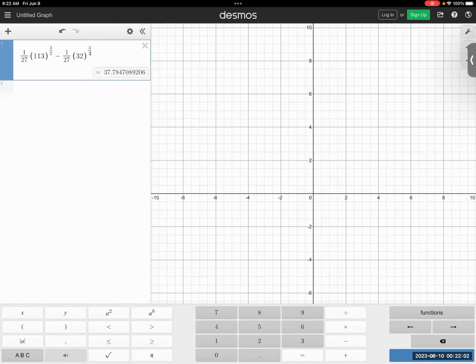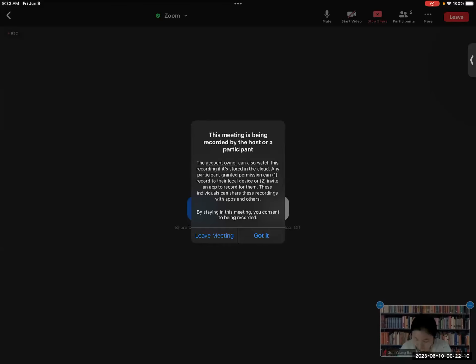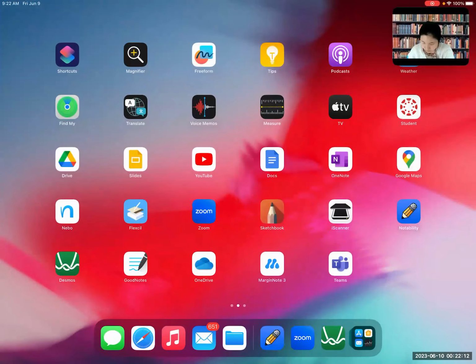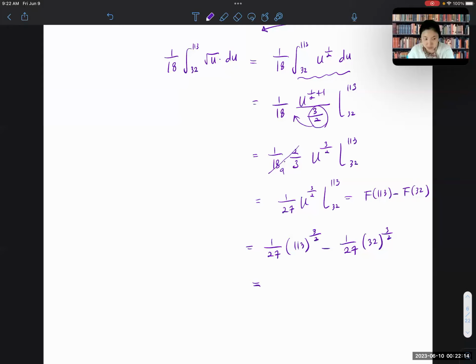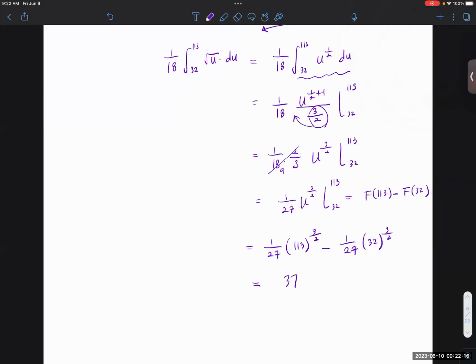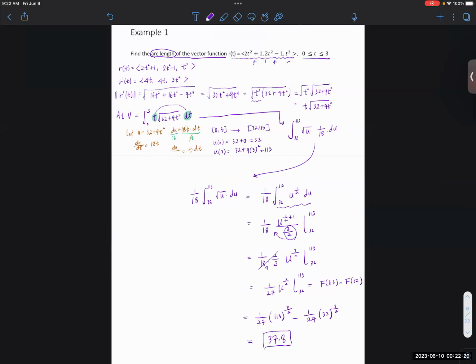The calculator gives approximately 37.8. I'll just round it. So we have 37.8. This is the arc length of this particular vector.